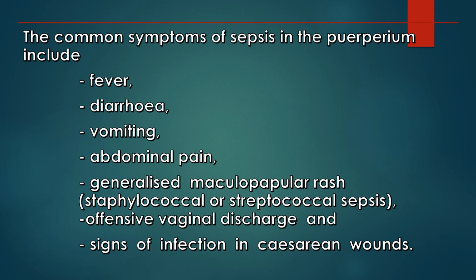The common symptoms of sepsis in the puerperium include fever, diarrhea, vomiting, abdominal pain, generalized maculopapular rash, staphylococcal or streptococcal sepsis, offensive vaginal discharge, and signs of infection in cesarean wounds.